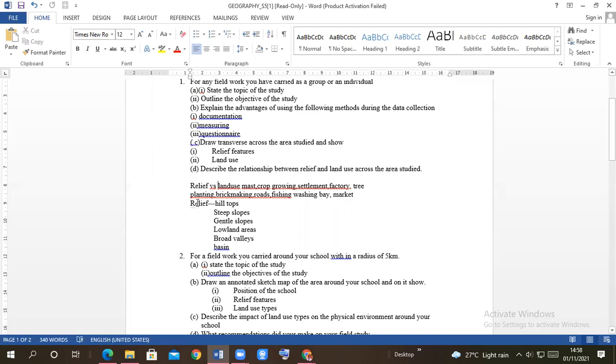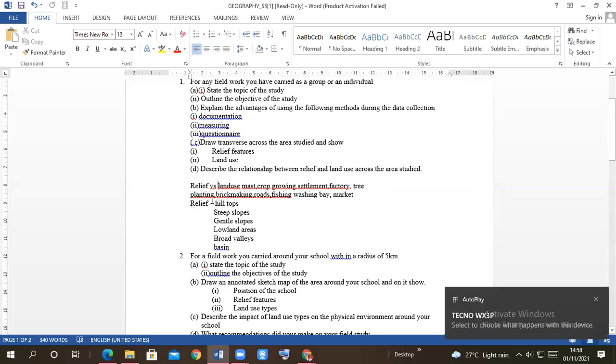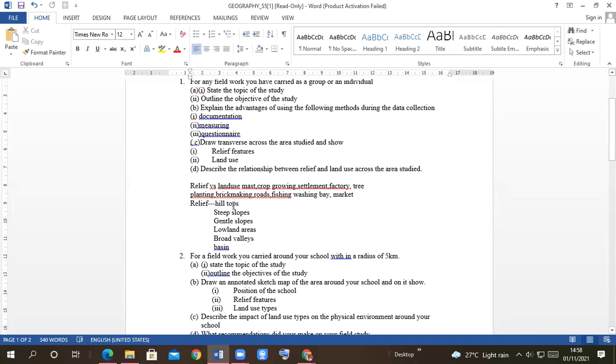Now, I want you to connect for me what can be on the hilltop. What land use can be connected, influenced, enabled, which other word, encouraged, promoted in the hilltops.